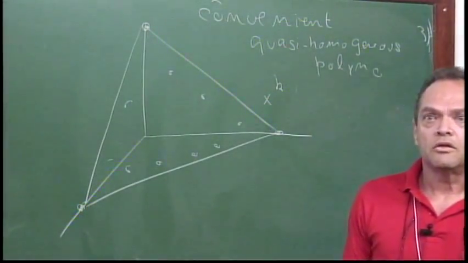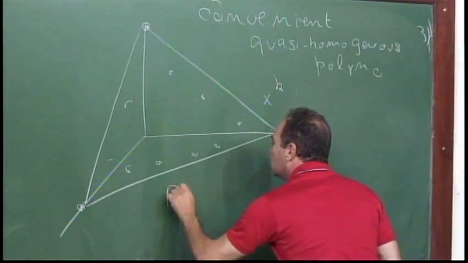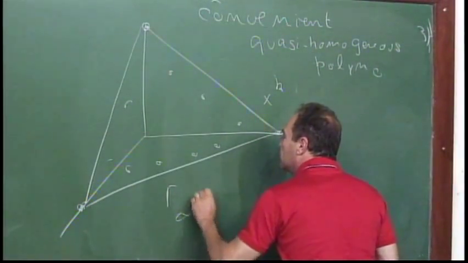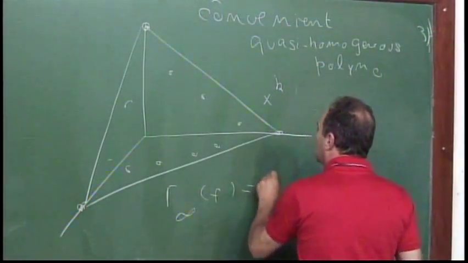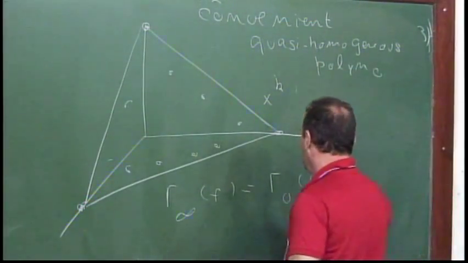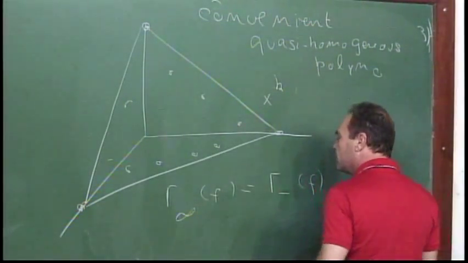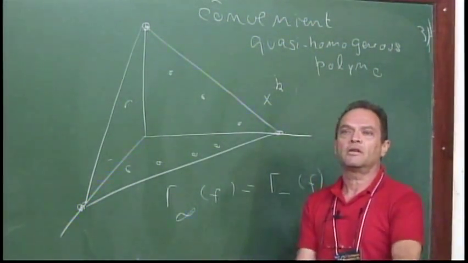So both Gamma_plus, Gamma_infinity of f, and Gamma_0 of f are equal. In fact, here I should put Gamma_minus of f, which is the lower one.